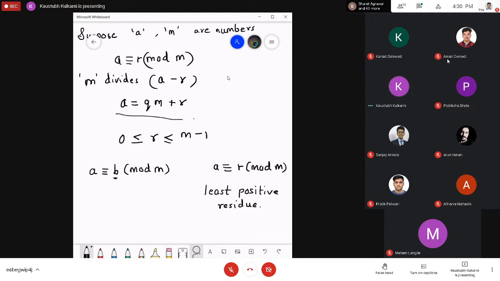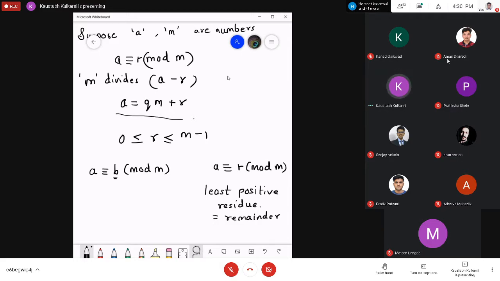In common terminology we call it the remainder, if it lies between 0 and M minus 1.